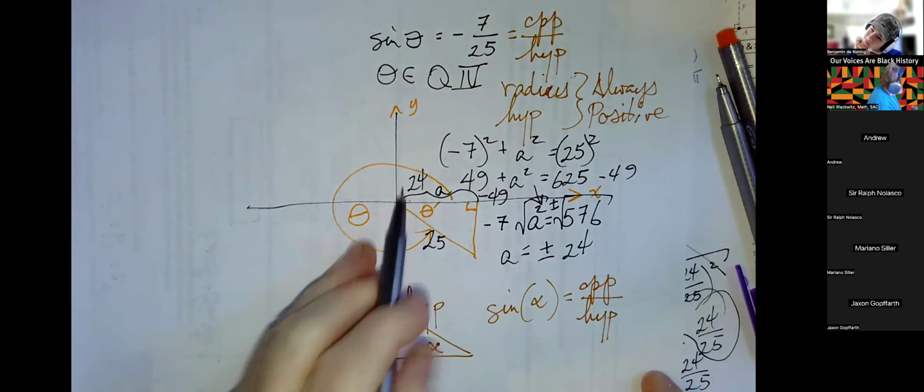Adjacent over hypotenuse. Good. Okay, well, what is the adjacent? And what is the hypotenuse? 24 and 25.